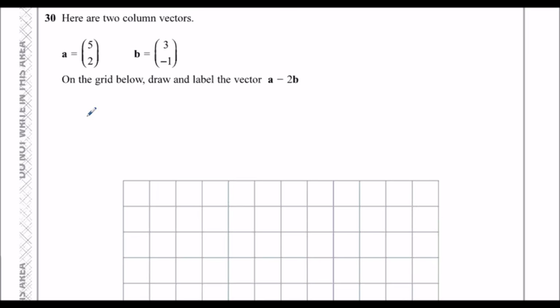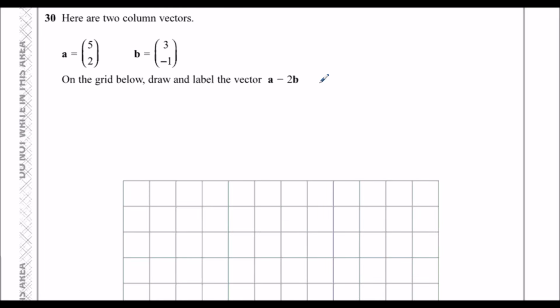Question 30. Here are two column vectors. So A is 5, 2, which means it goes 5 right and 2 up. B is 3, negative 1, so 3 right and 1 down. On the grid, draw and label A minus 2B.